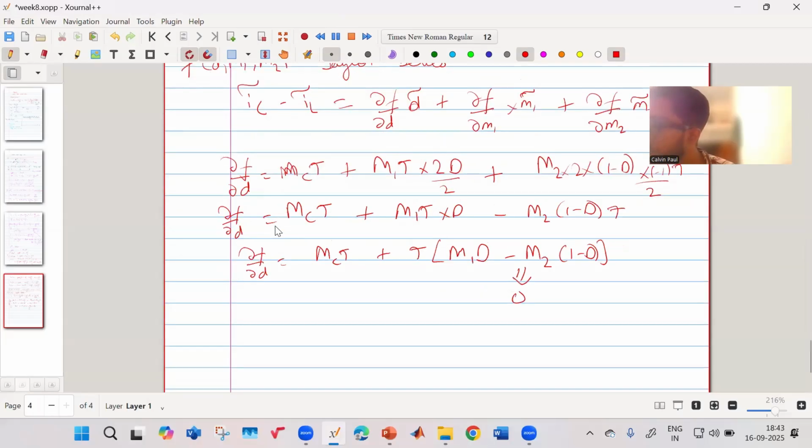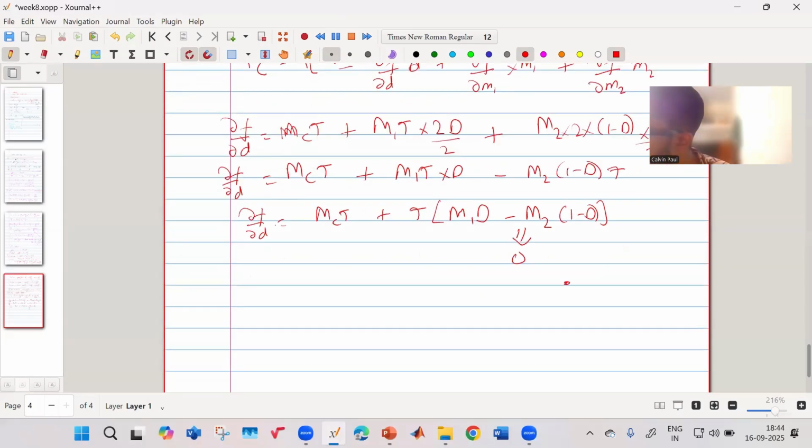And why is it? Because your current, suppose it starts from here, goes to this value, and comes back over here. Suppose it's in steady state, then this point will be the same as this point. That time this will be your slope M1, and this will be your slope minus M2. So this is your peak.